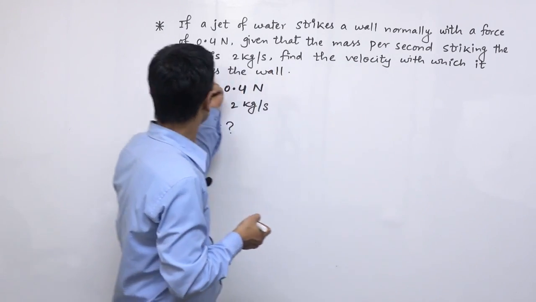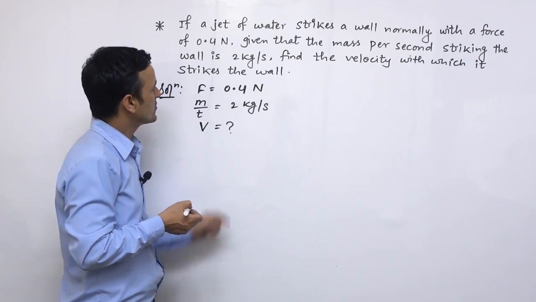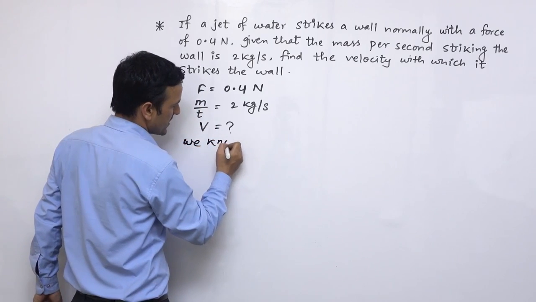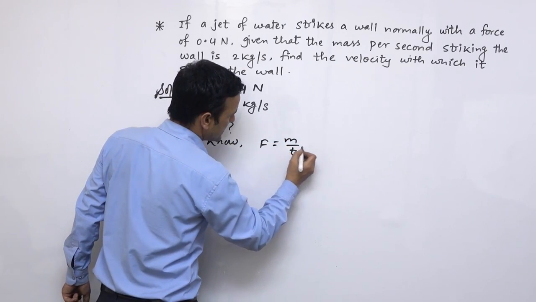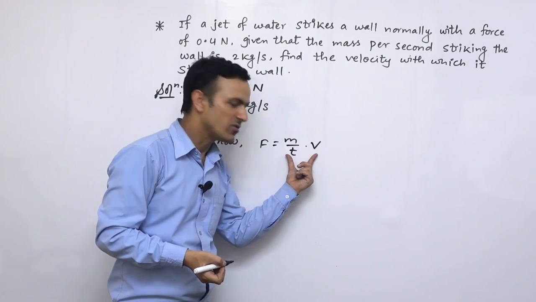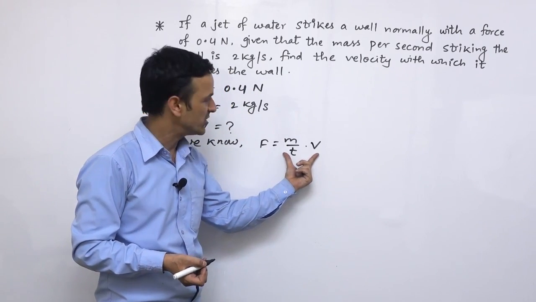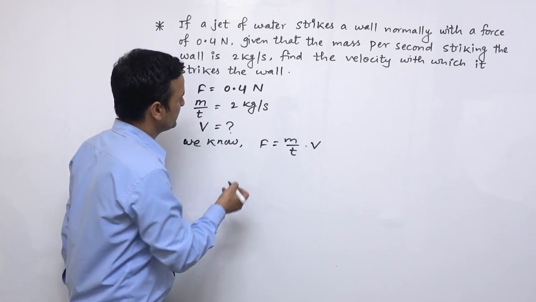We have to find the velocity with which it strikes the wall. So from the above information we can use this formula. We know F is equal to m by t times v. Just now we used this formula in the previous question too.